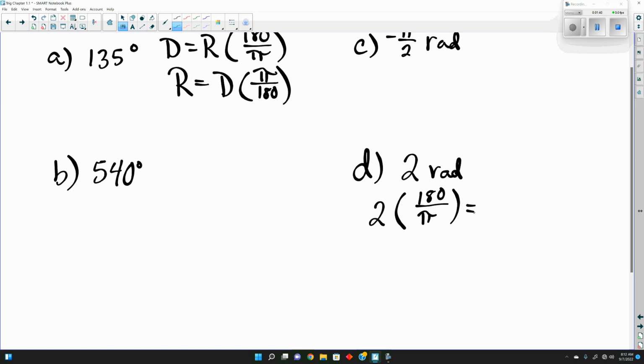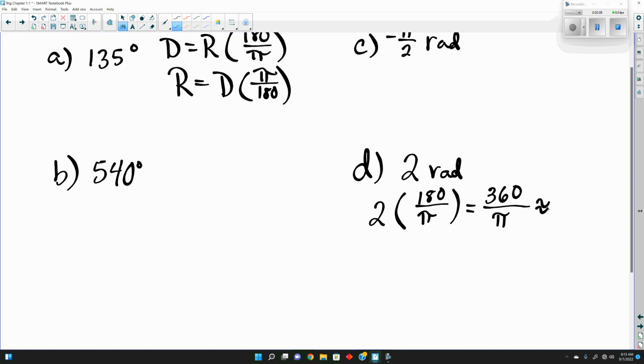They won't cancel out because our starting radian measure doesn't have pi in it. Because if we multiply this together, well, we do 2 times 180, which is 360 over pi. At which point we'll just approximate the final answer.